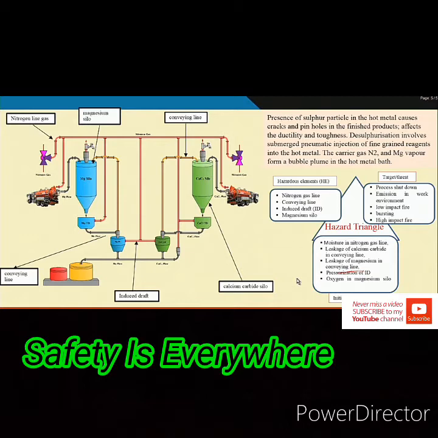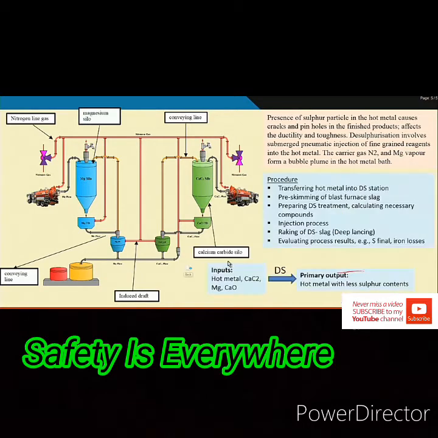Now, let us consider a case here. It is basically a desulfurization unit, where molten metal from the blast furnace comes to the DS plant, and this hot metal is treated with the help of calcium carbide, magnesium, CO, and other inputs.